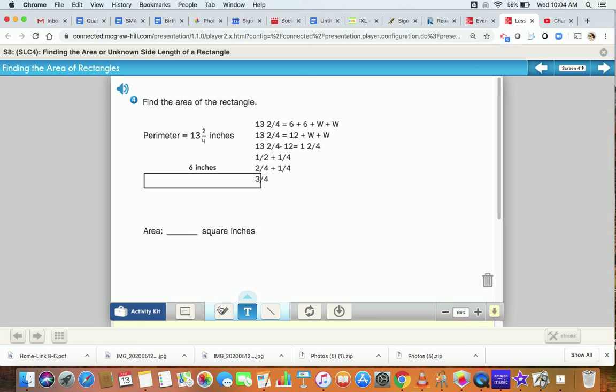So now, since we have our width of 3/4, then we can figure out our area. So we have to do 6 times 3/4. So 6 times 3 would be 18, and our denominator stays the same. So 18/4, or if you want to change that into a mixed number, it would be 4 2/4 or 4 1/2.